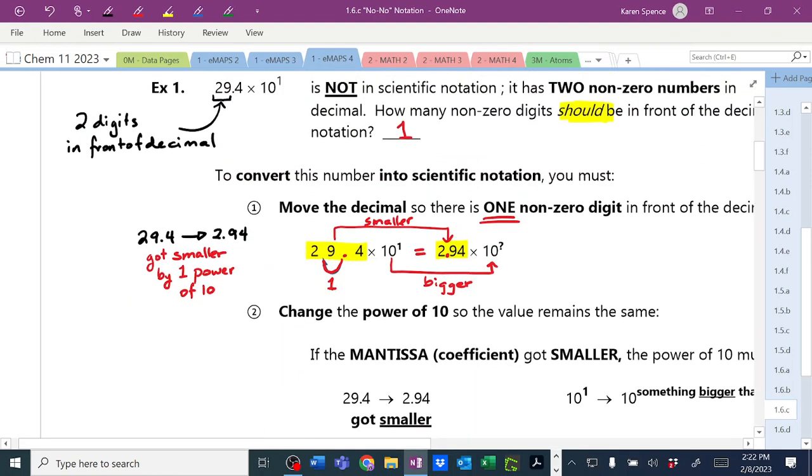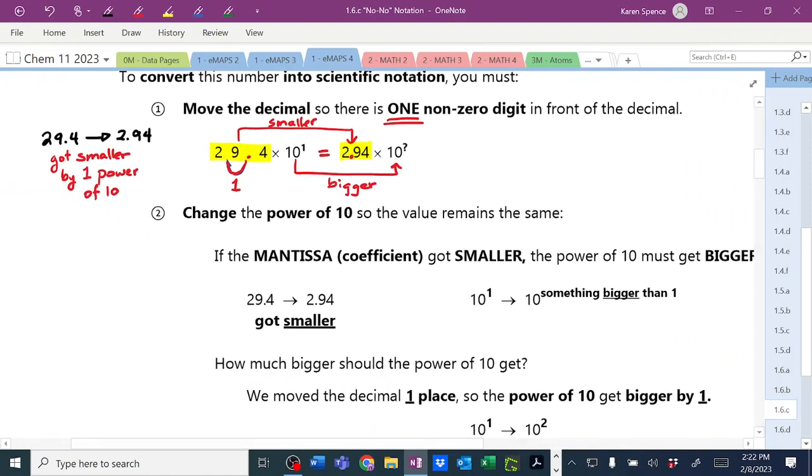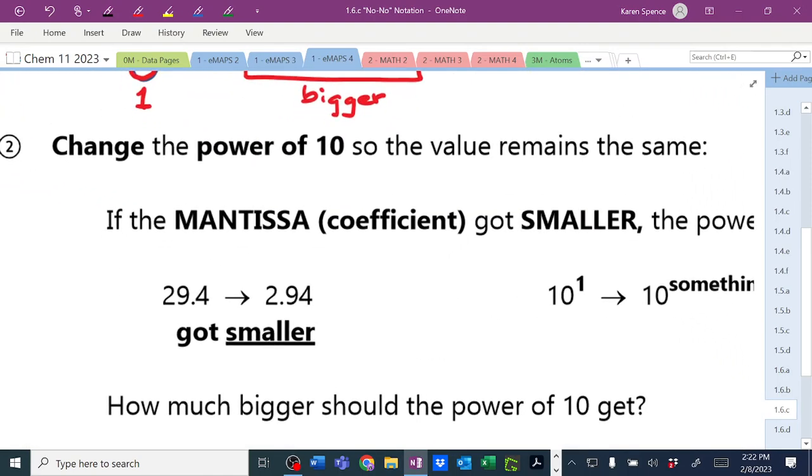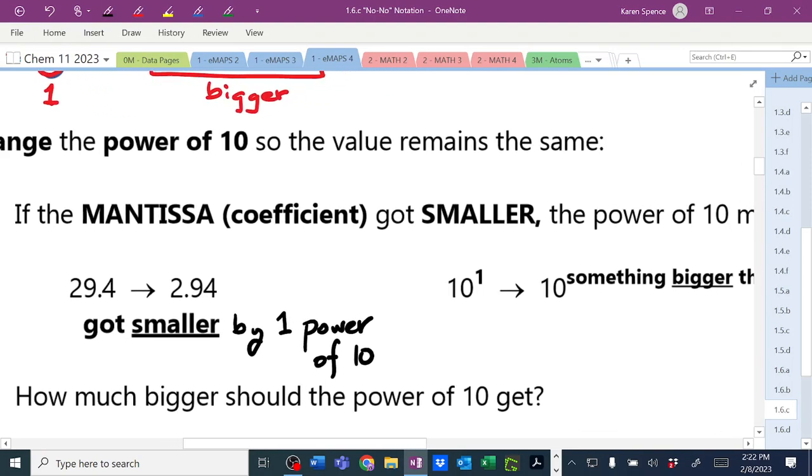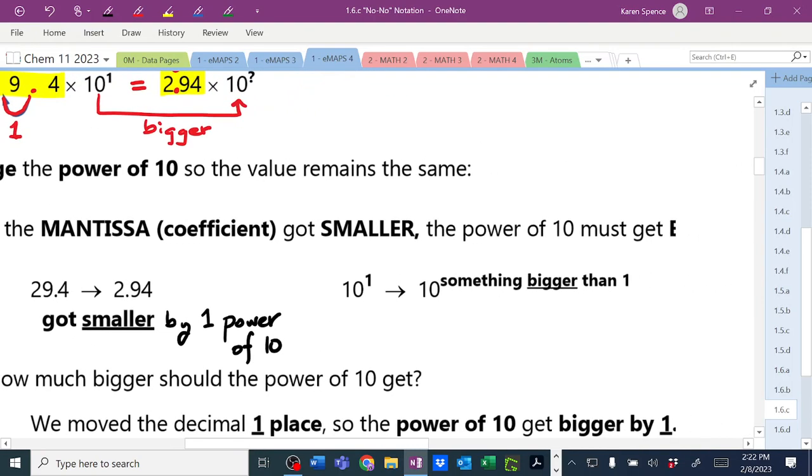So let's do this. The mantissa, or the coefficient, got smaller by 1 power of 10, because we moved the decimal place 1 position. And so the 10 to the 1 is going to have to get bigger by 1 power of 10. So what's the 10 power going to become?